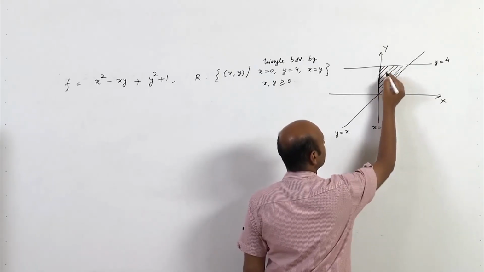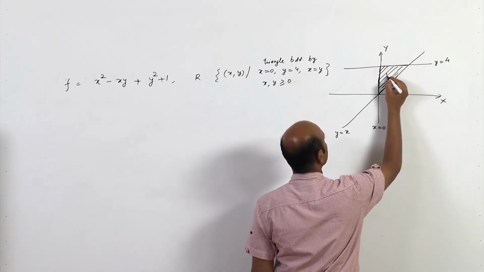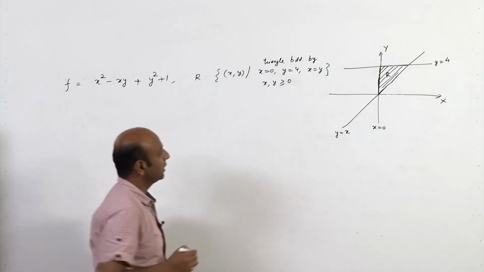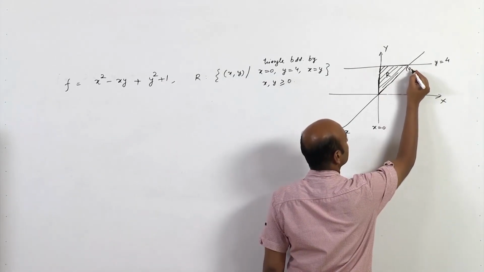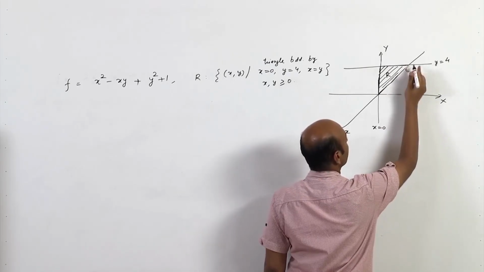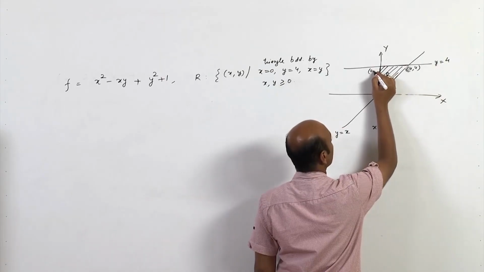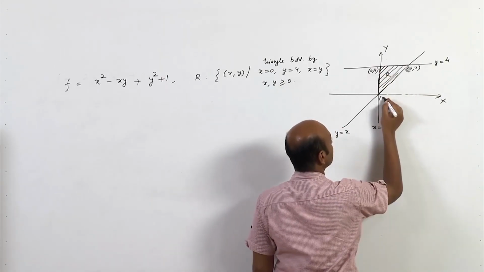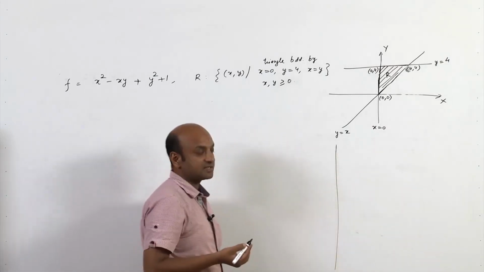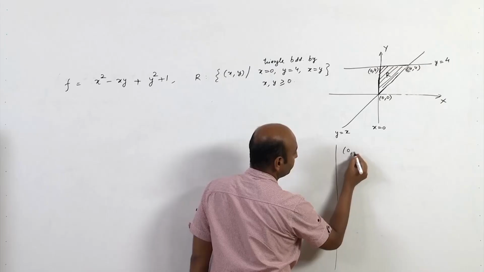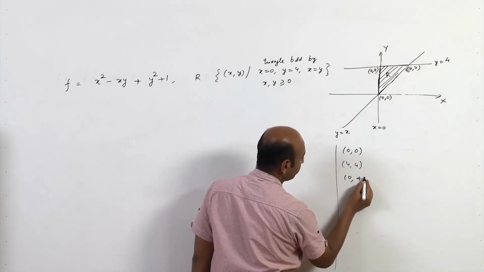Let this region be R. Clearly, you can find the intersection points. First you can easily see that the vertices are 0 comma 0, 4 comma 4 and 0 comma 4.